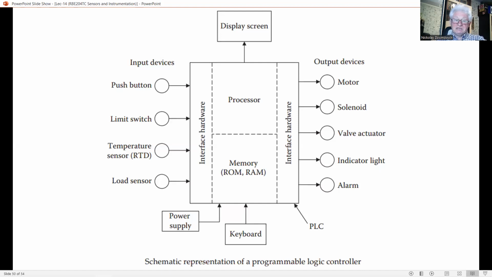A schematic representation of a PLC is shown in this figure. A PLC operates according to some logic sequence programmed into it.